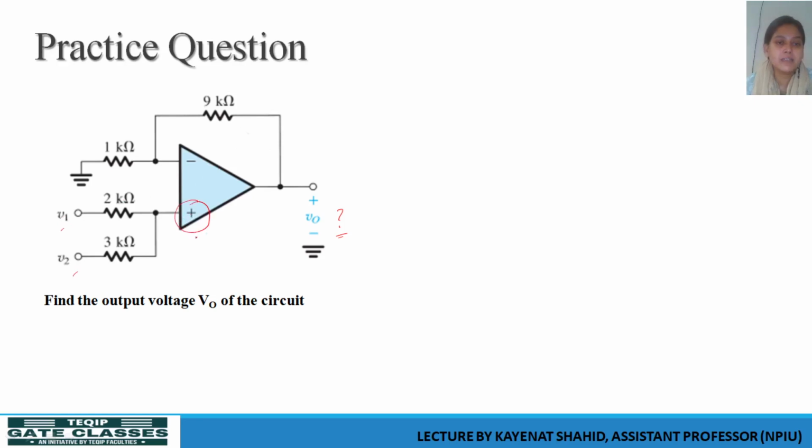That means it is a non-inverting type of operational amplifier, because the inverting terminal is grounded and two voltages are applied at the non-inverting terminal. It can act as a non-inverting amplifier, right?